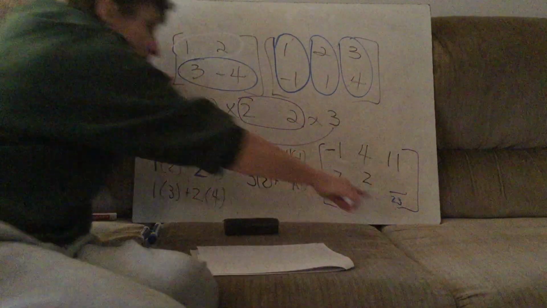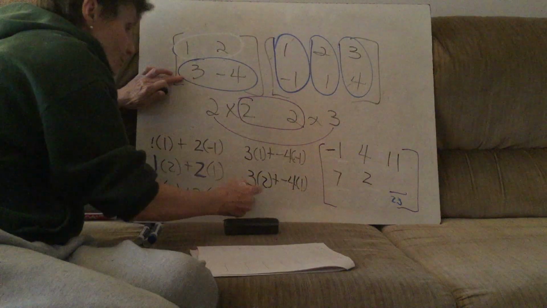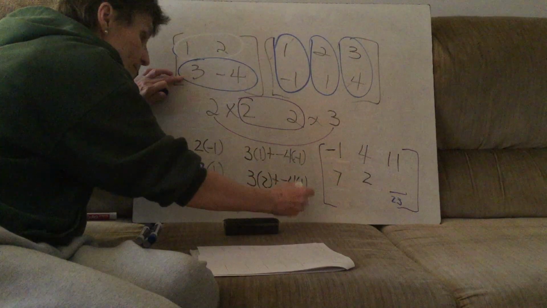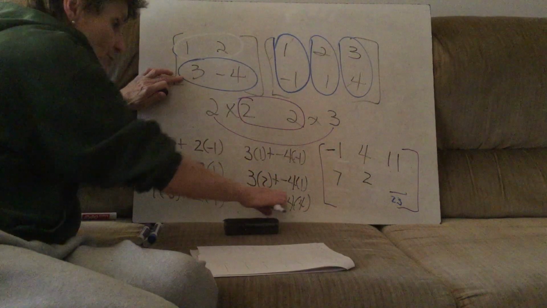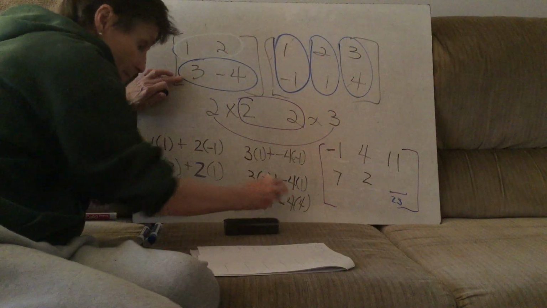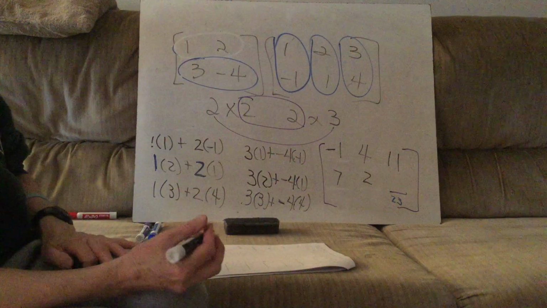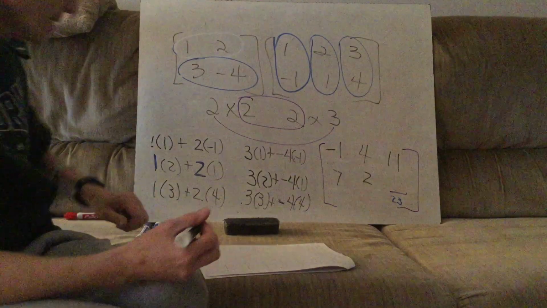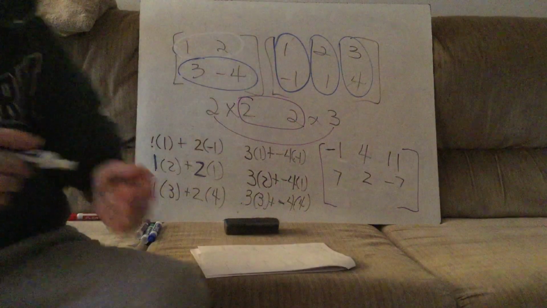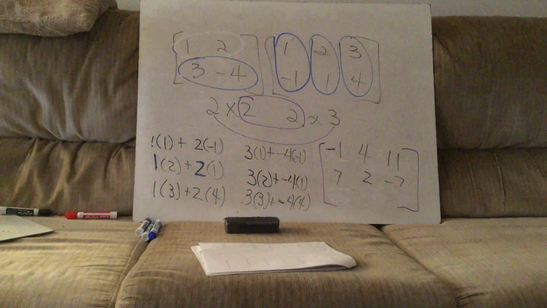And finally, second row, third column: 3, negative 4, there's my row, times 3, 4, there's my column. So what is that? 9 minus 16, so negative 7. There is the product of those two matrices.